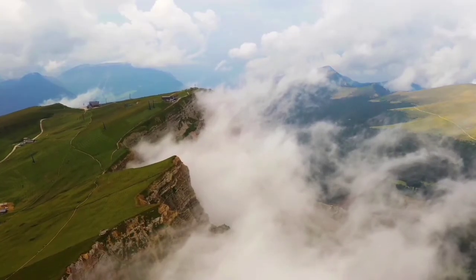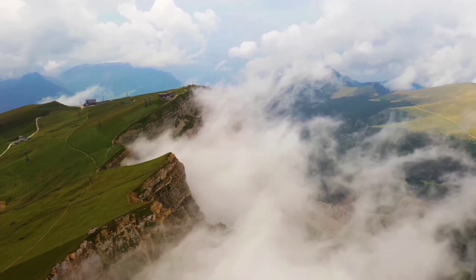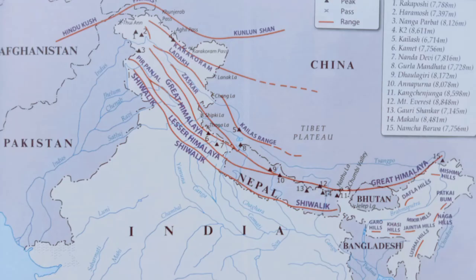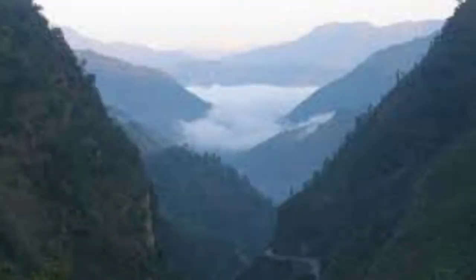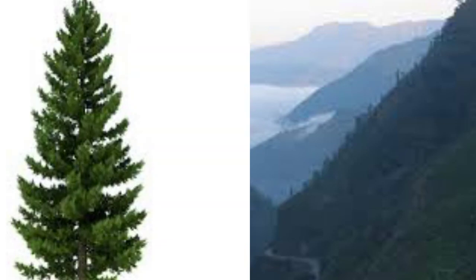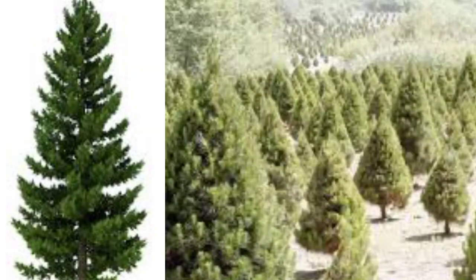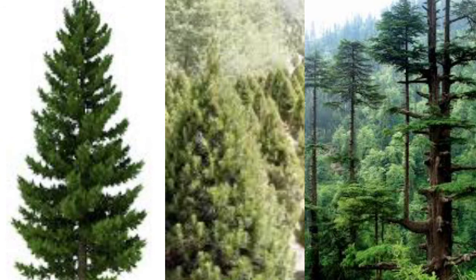Next, now we are going to study about the Middle Himalayas. The Middle Himalaya lies towards the south of the Greater Himalayas. It is lower in height than the Greater Himalaya. The mountain slopes are covered with thick forests of pine, fir and deodar. Do you know what are these pine, fir and deodar?